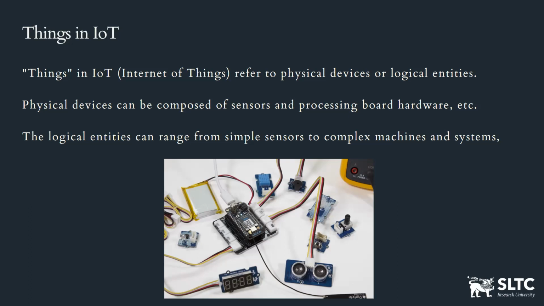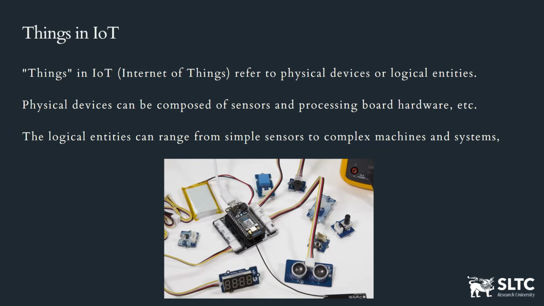So at the end of an IoT network, we can have small sensors as well as big machines, like robots or industrial equipment, right?